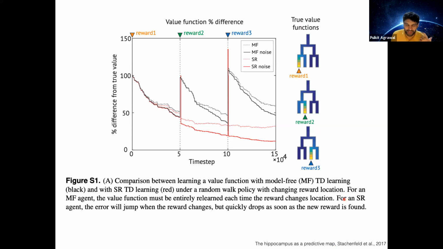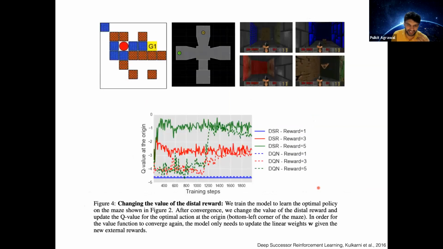Now, there have also been extensions of successor representations to deep reinforcement learning. A good paper is Deep Successor Reinforcement Learning by Tejas, a couple of years back. And they consider maze navigation, but also Doom, which is a first-person shooting game.